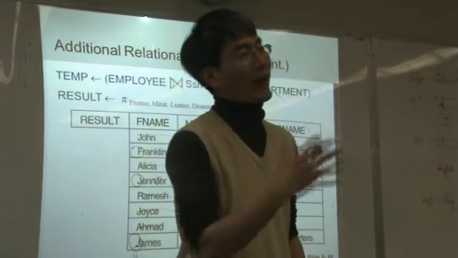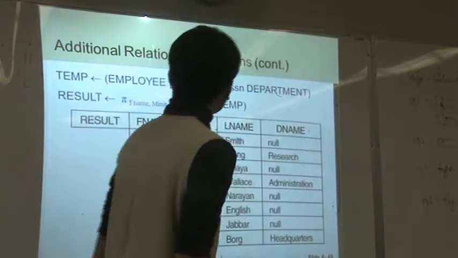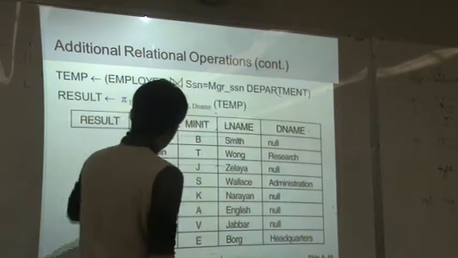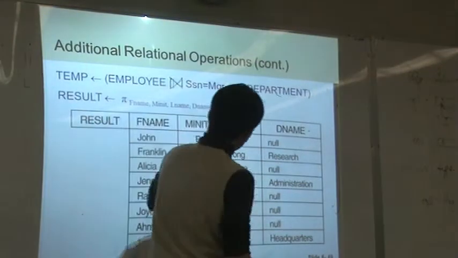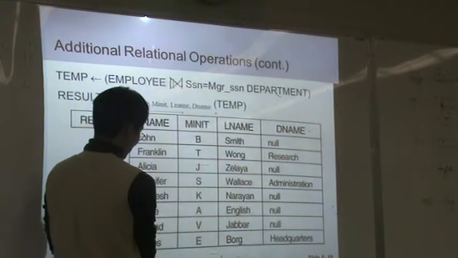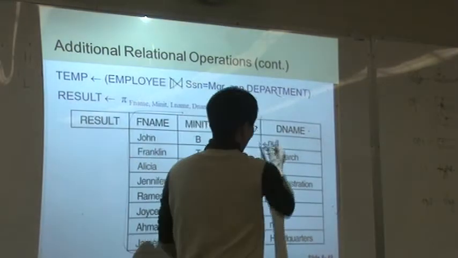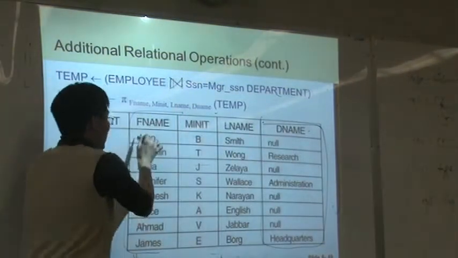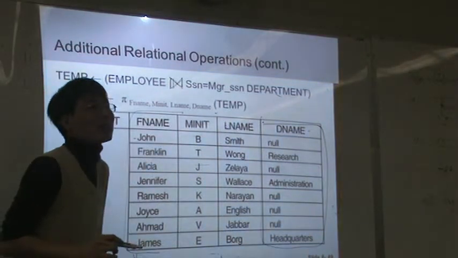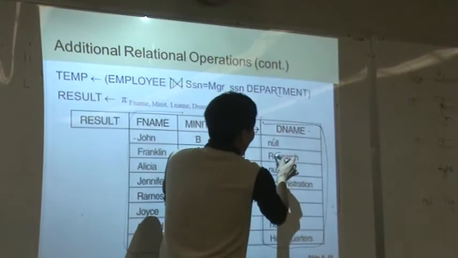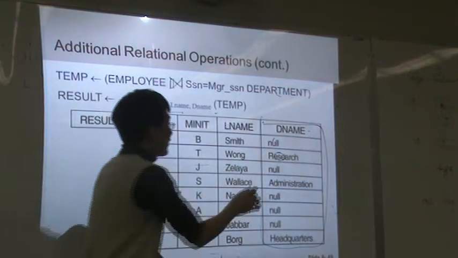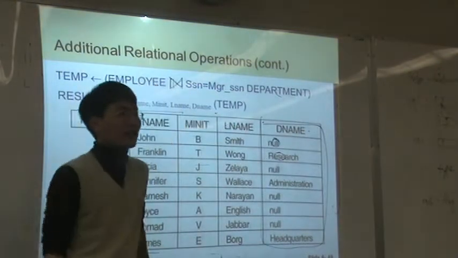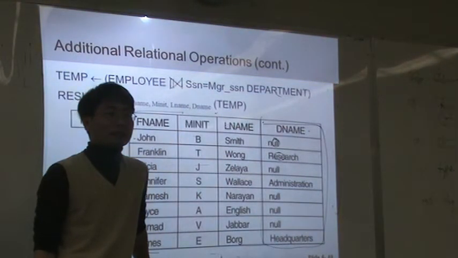However, your boss asks you, I need all information about employee, like this. Then check if an employee is a manager, put the department name. Otherwise, just null data. How can you do that?